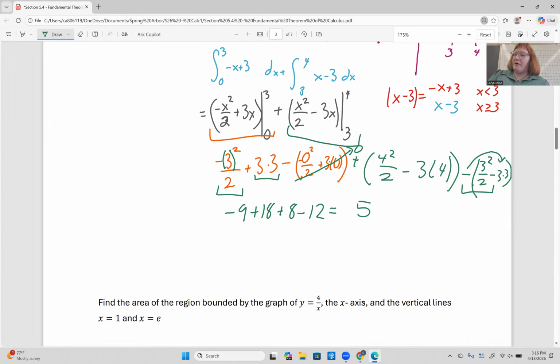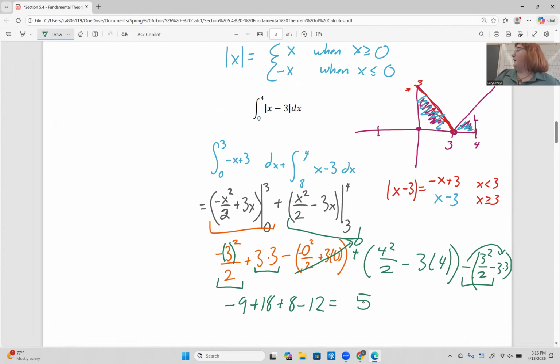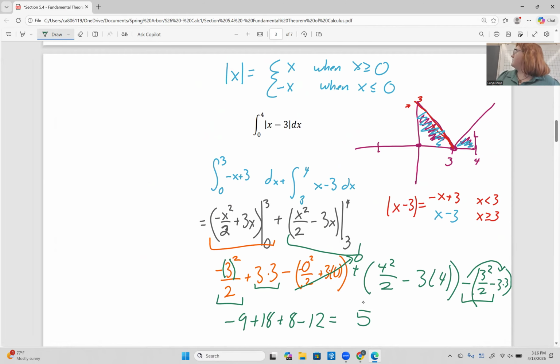I will say when I worked this problem the first time, I got a negative number at the end. And I knew that wasn't right. What about my graph would tell me that's not right? It's all positive. The fact that everything was drawn above the x-axis says the thing we're going to get at the end is entirely positive. So we got an entirely positive result of 5.